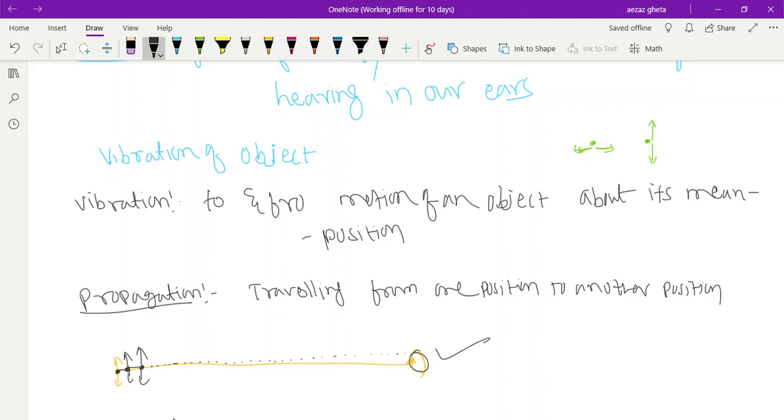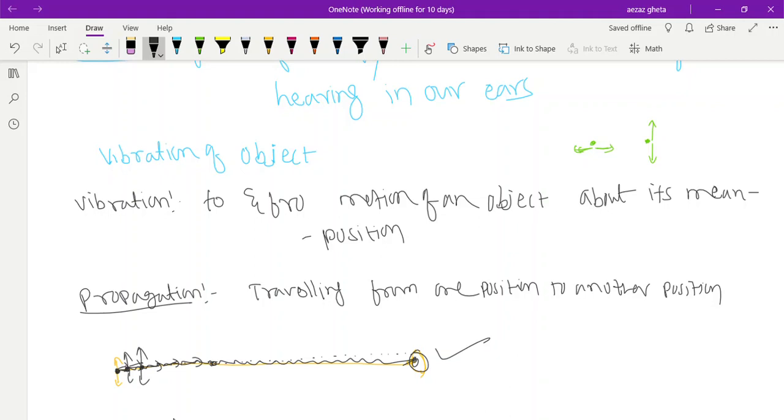In simple words, remember, in sound waves the particle will not travel. It is not that a particle travels a distance and transfers the message to the ear. No, this particle will vibrate and transfer its energy to another neighbor, then another, then another. So the particles stay at their place only. They vibrate about their mean position, either up and down or side by side.